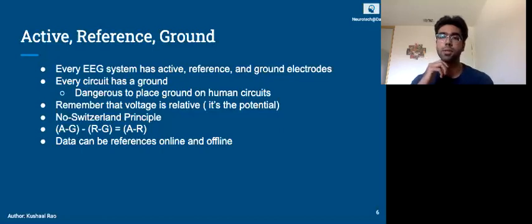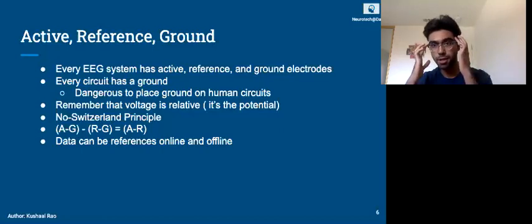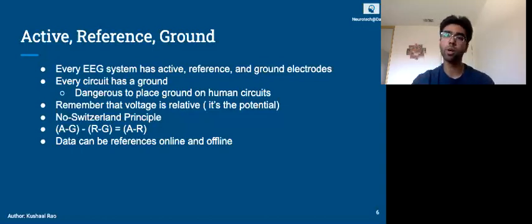We also use the two temporal parts right here, and these are helpful in detecting forehead movements, like eyebrow movements and eye blinks, which are often associated with a lot of stimulus presentation. You always blink, and moving your eyes can tense up your forehead muscles, which will also release signals. So having a reference from that area is always a good idea.